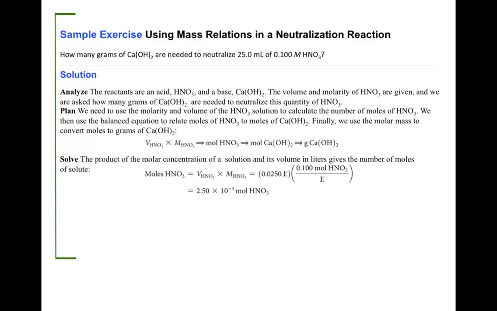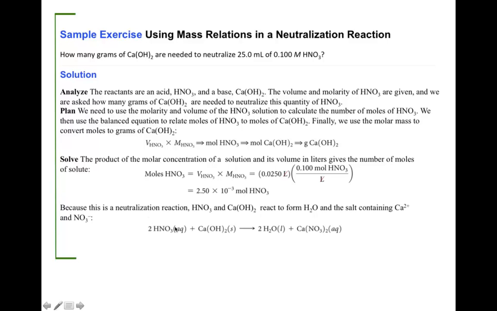Now that we have the moles, we need to look at the balanced equation, that is this one. 2 moles of nitric acid plus 1 mole of calcium hydroxide will produce 2 moles of water and calcium nitrate. So here we can see that the stoichiometry of this reaction is 2 to 1: 2 moles of nitric acid for each mole of calcium hydroxide.